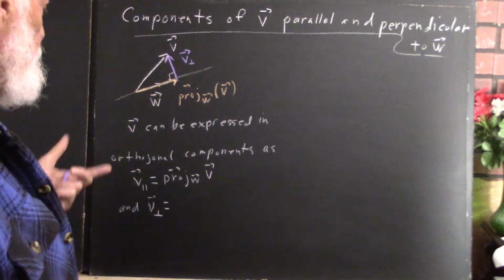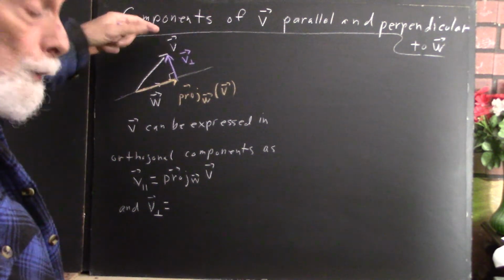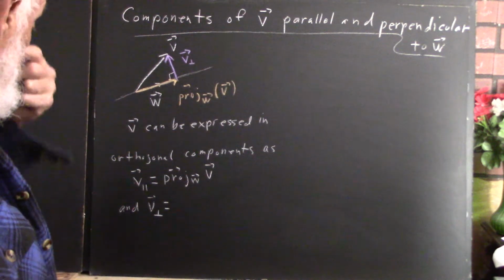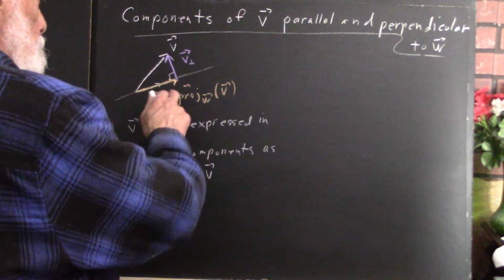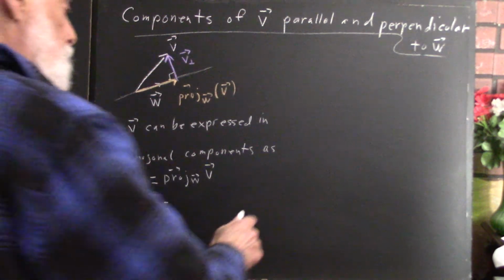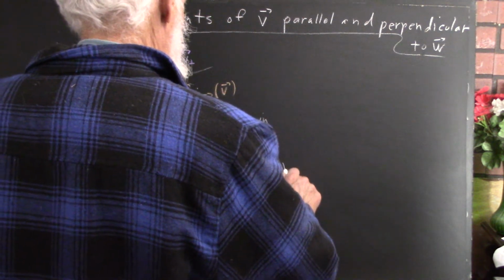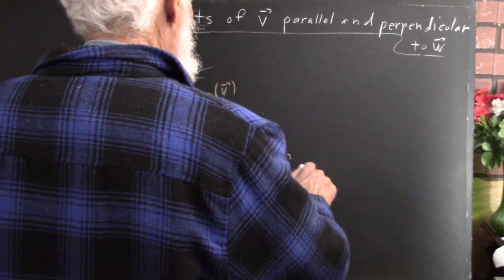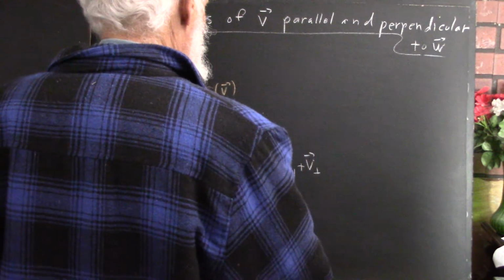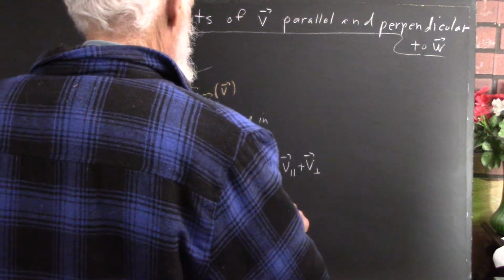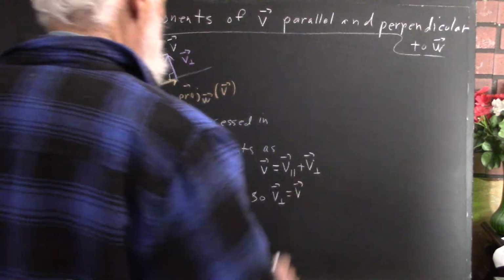Well, V parallel plus V perpendicular equals V. Okay, so over here we can say, now that we said V parallel is this projection, then V equals V parallel plus V perpendicular. So V perpendicular must equal what?